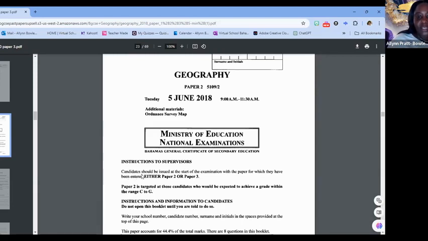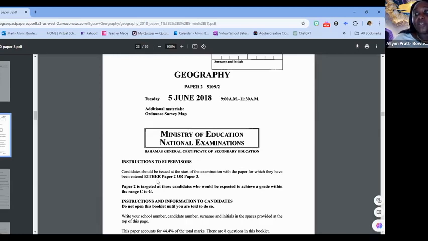So in these instructions, it says candidates should be issued at the start of the examination with the paper for which they have been entered, either paper 2 or paper 3. Don't ever let them give you two papers. Either you get a paper 2 if you're doing core, or you get a paper 3, because the papers are very similar.